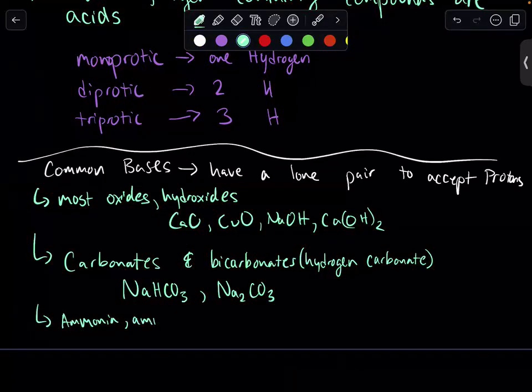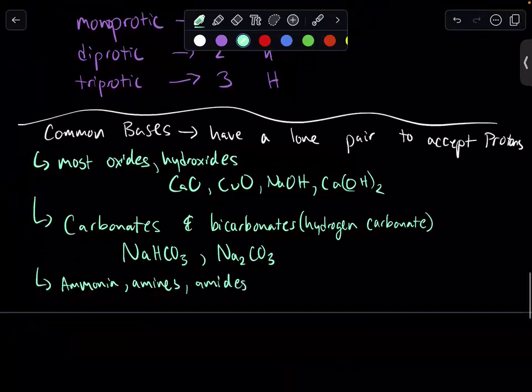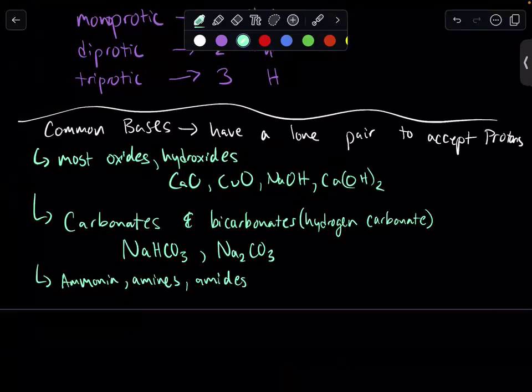or amines or amides. So these are going to contain nitrogen, fulfilling a role similar to oxygen in these other ones. And being ammonia, we'll have NH3, or we might have something like ethanamine, which would be CH3CH2NH2.